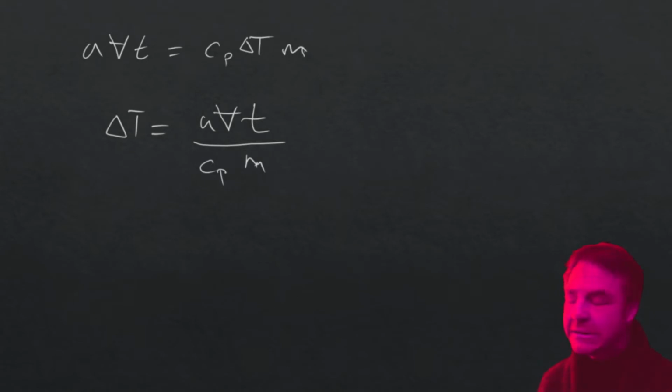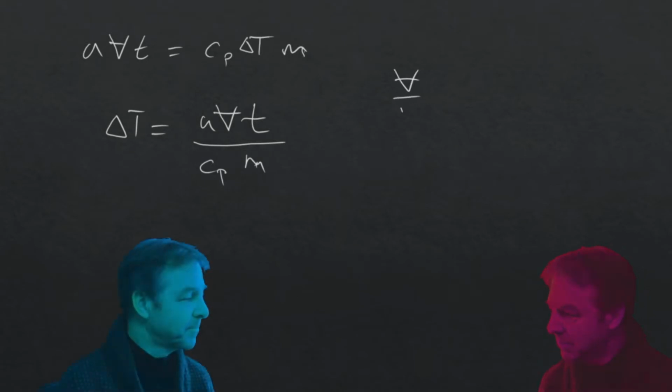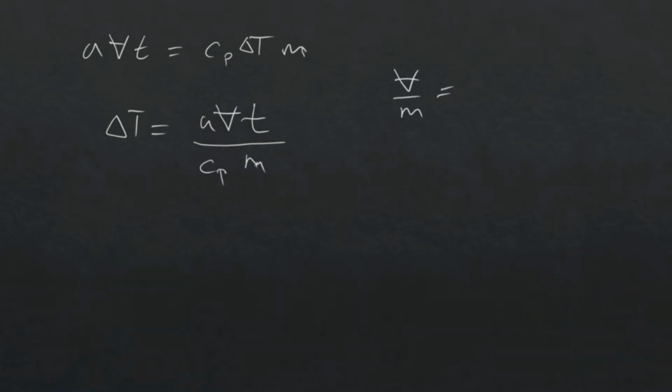Now the volume over the mass is just simply equal to 1 over the density, because that's in kilograms and meters cubed. So we can eliminate that and we can just simply look at the internal heat generation times the time, over Cp times density.